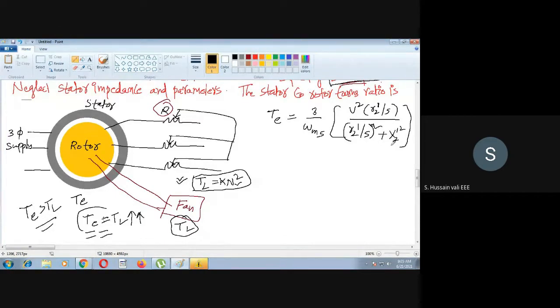Is there any change, you can tell me also, no problem. So this is the electromagnetic torque, whereas the load torque is this equation, TL is equal to K n square.